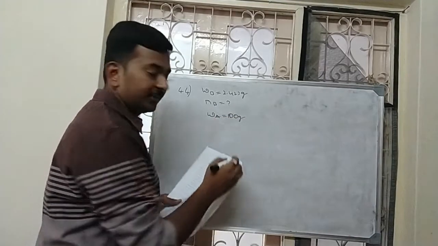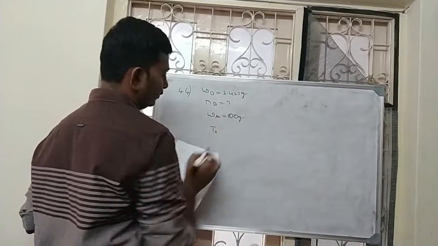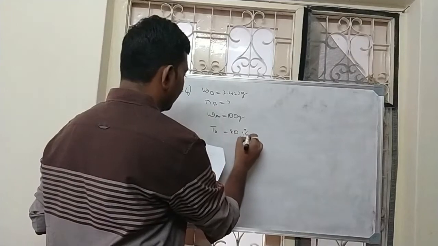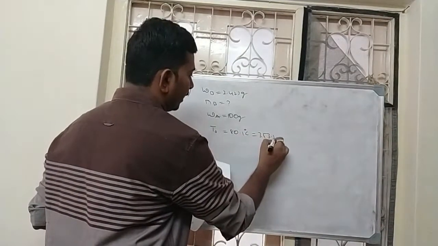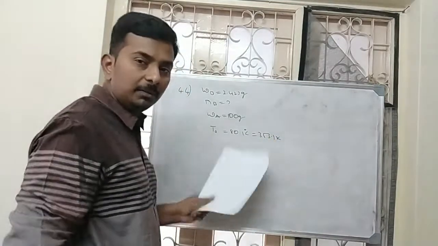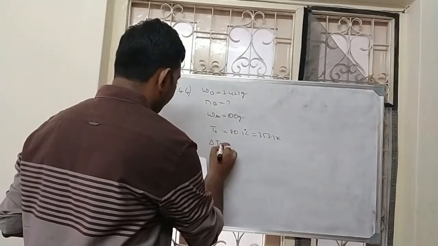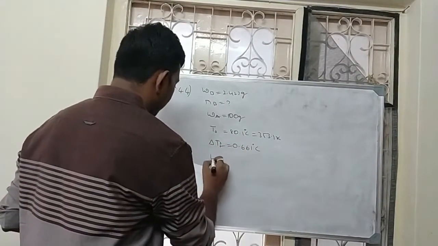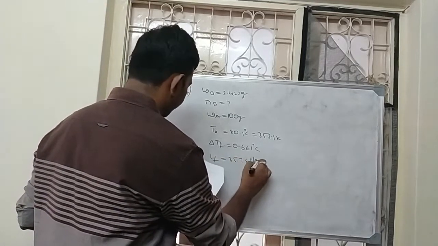Melting point of naphthalene, let it be T naught, is 80.1 degrees centigrade, which in Kelvin will be 353.1 Kelvin, plus 273. Next, delta Tf is 0.661 degrees centigrade. Latent heat of fusion is 35.7 calorie per gram.